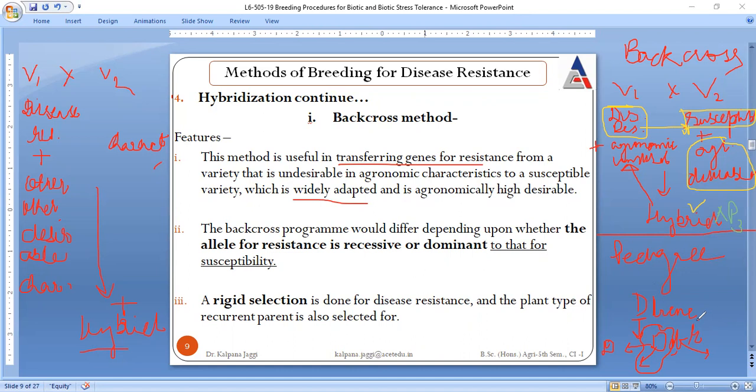But if the recessive allele is the reason for the resistant feature, then the hybrid is to be crossed with that parent. I hope it is clear to you all.